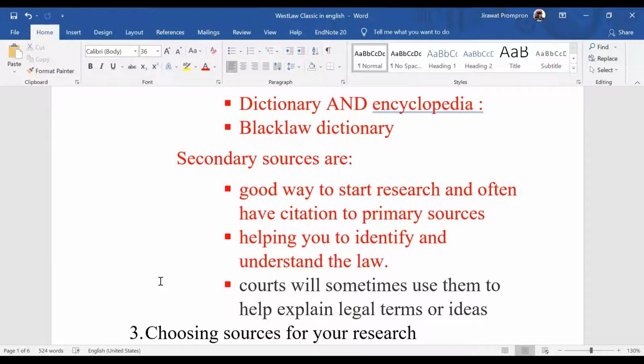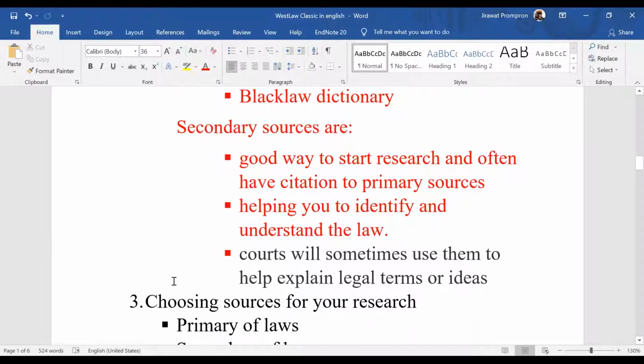And another one, you sometimes use them to explain legal terms or ideas. Suppose the court says you copied from other works, the intellectual works or articles, the court says plagiarism.